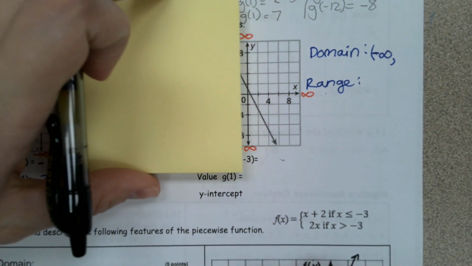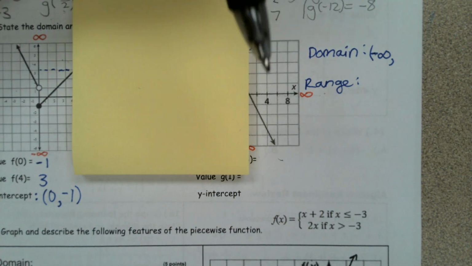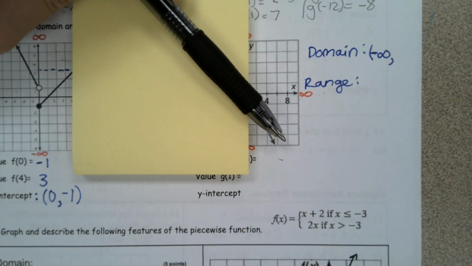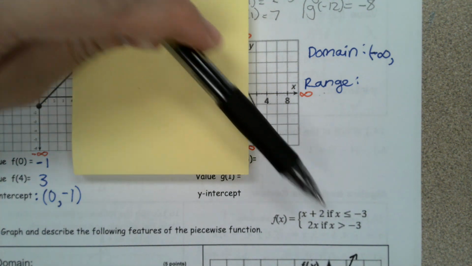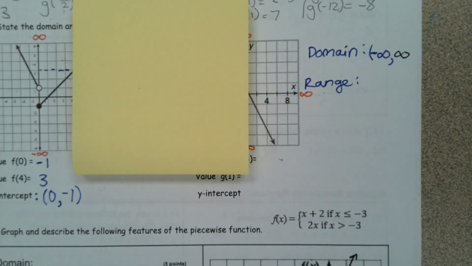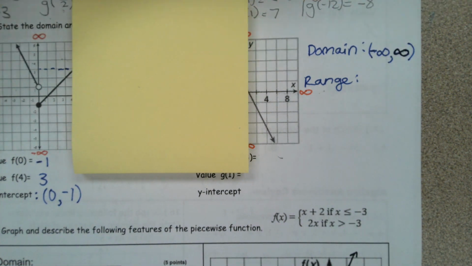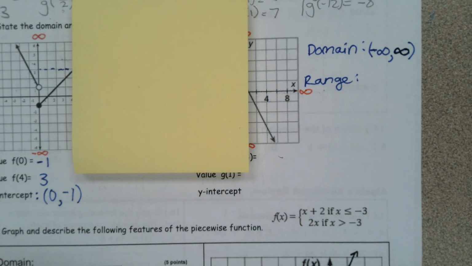Which direction is it going? We're looking at left or right, not up and down. It's going down, yes, but it's also going down to the right. So it's going to keep moving to the right. So eventually it's going to move that way towards infinity. So it's going to positive infinity. So it's negative infinity to positive infinity.